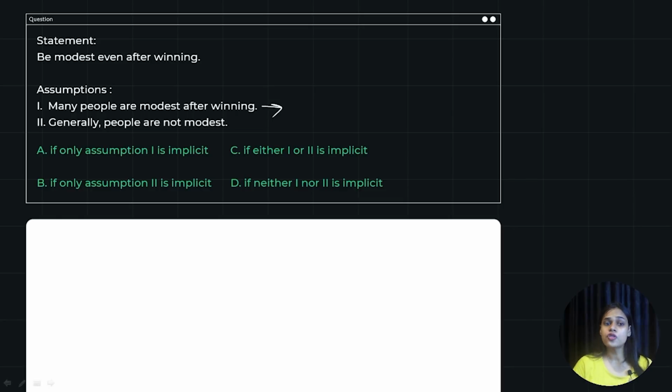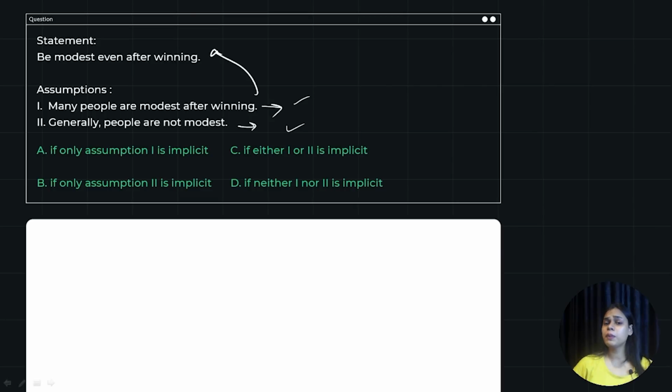No, right? So this cannot be an option, because then there wouldn't be a statement which would advise you to be modest if all the people were modest, right? Generally, people are not modest. Again, if there were people who are not modest, no one would advise you to be modest. There must be some people who are modest, right? So neither statement 1 is following nor statement 2, right?